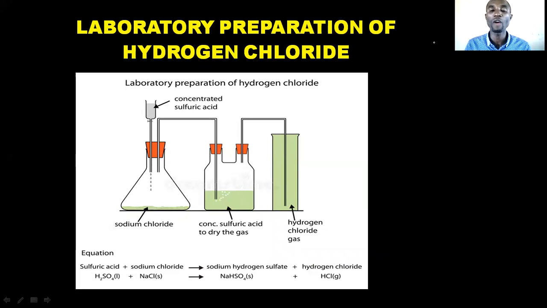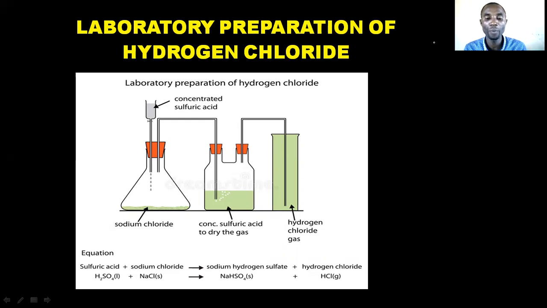How can we prepare it in the lab? How do we normally prepare hydrochloric acid or hydrogen chloride in the lab? The setup is what you are seeing on your screen, laboratory preparation of hydrogen chloride. As you can see, sodium chloride is in a flask, and the concentrated sulfuric acid, H2SO4, is being poured in through the test tube funnel.